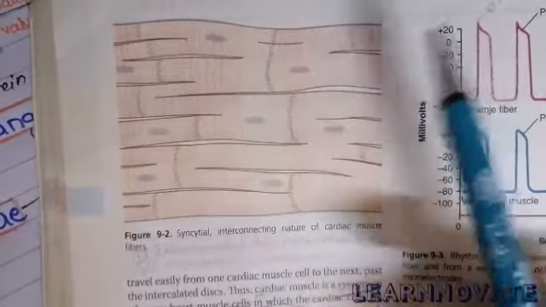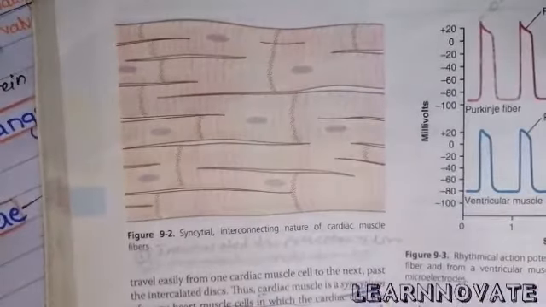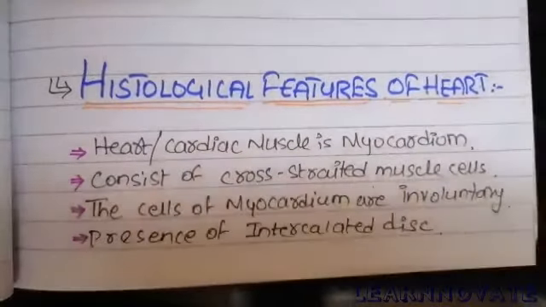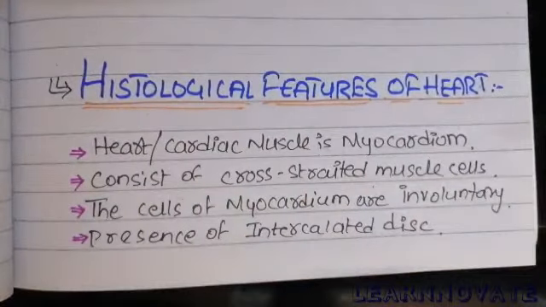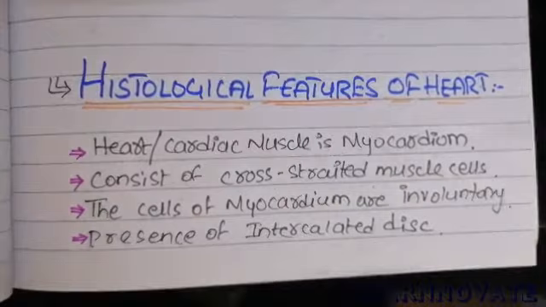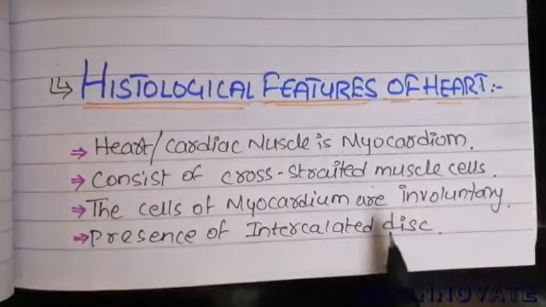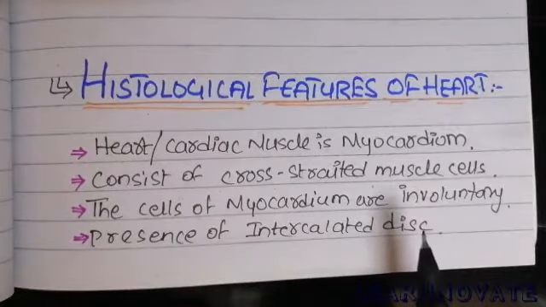So if we summarize the histological features, here are the summarized histological features of the heart. The heart muscle, as we all know, is called the myocardium, and this myocardium consists of cross-striated muscle cells, also called striated muscle, and the cells of the myocardium are involuntary, as we all know that the heart muscle contracts involuntarily.